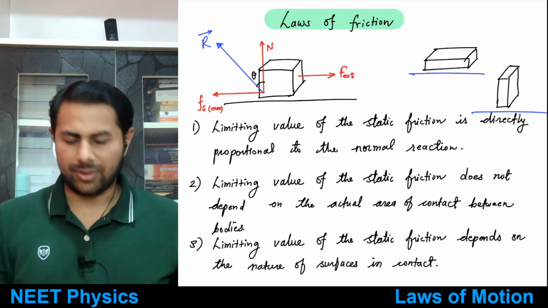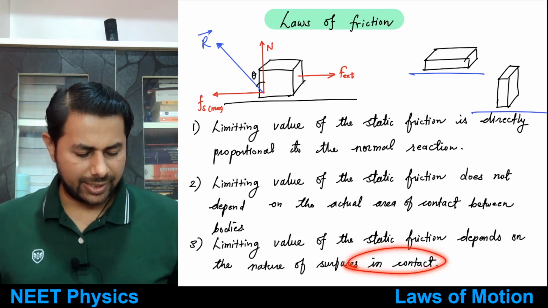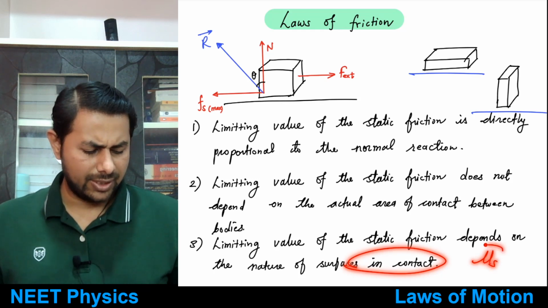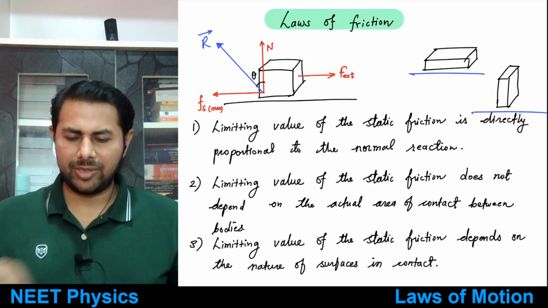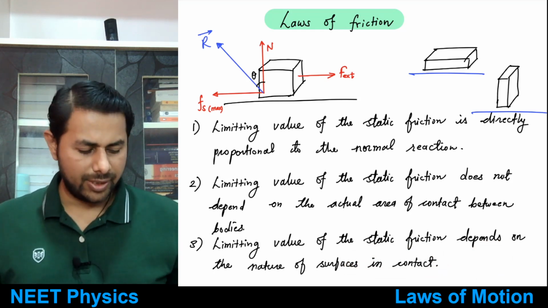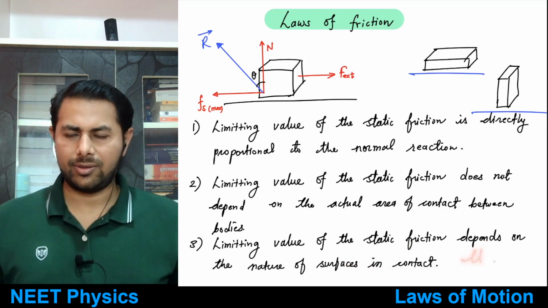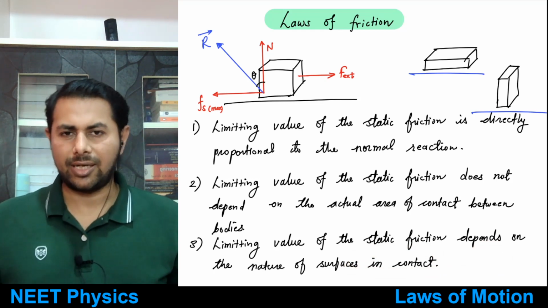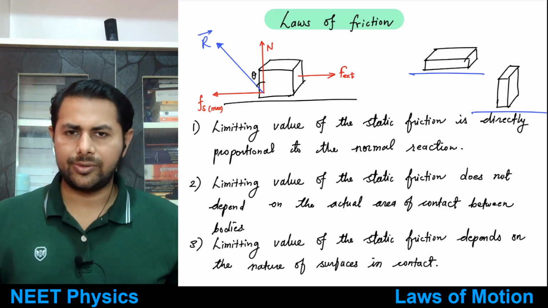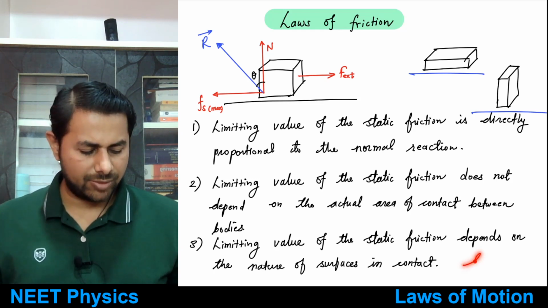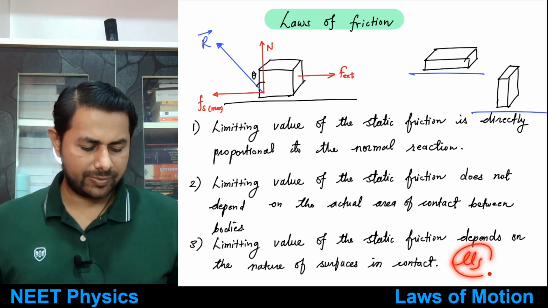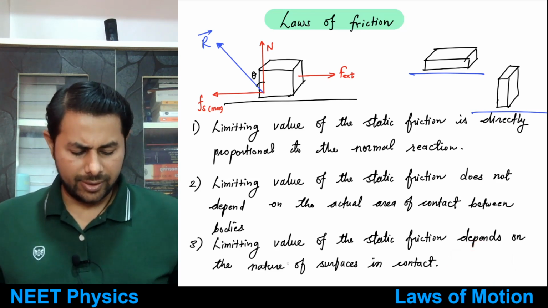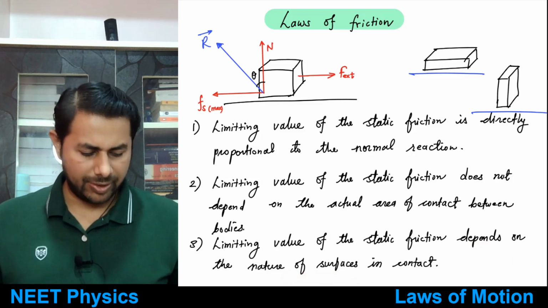So this is the third law. It depends on the nature of the surfaces in contact. Nature means whether it is rough or smooth, and whether it is iron, aluminum, or wood. That will change mu s. That will decide mu s. So this is the third law. These are three very simple laws.